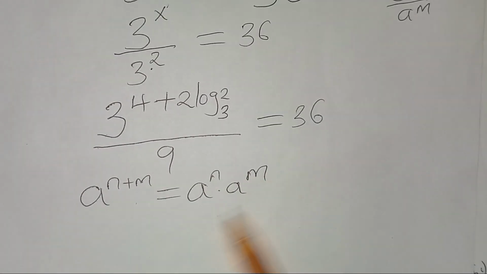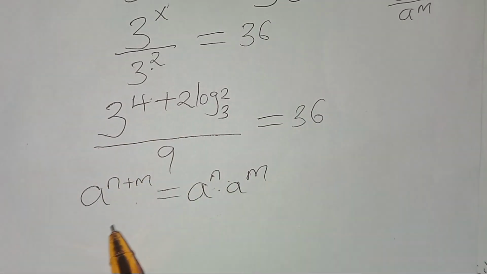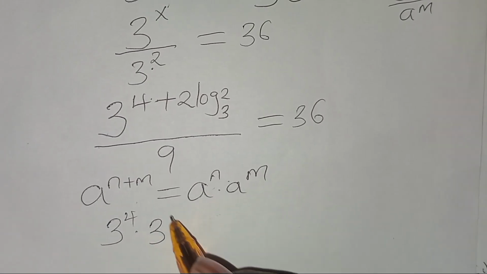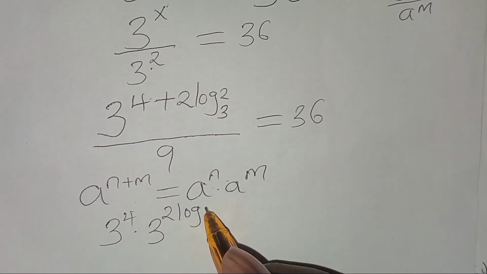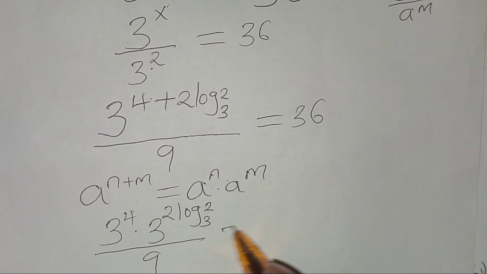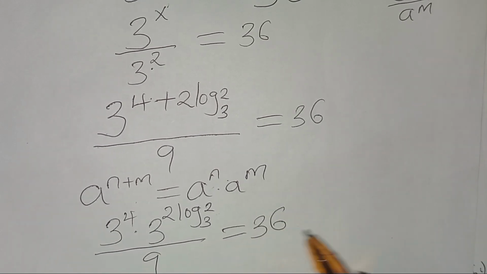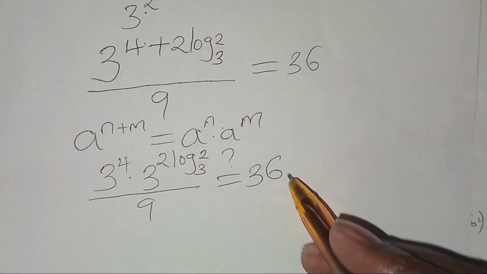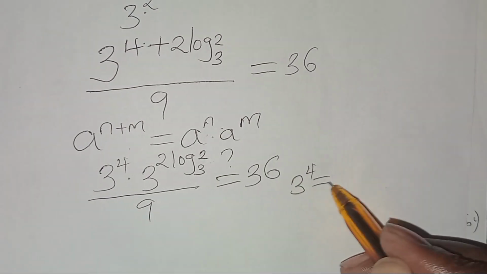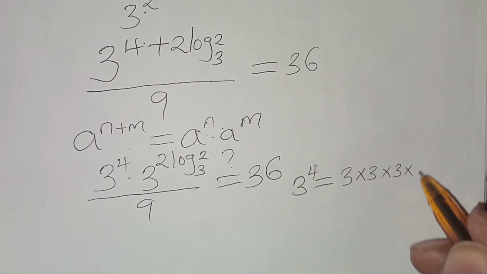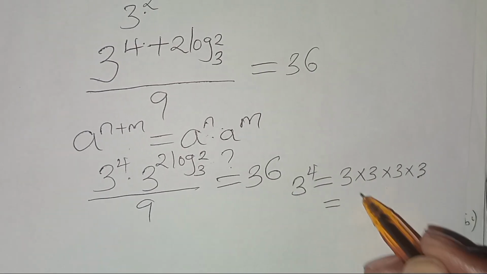Applying this exponent property, we'll have 3 to the power 4 multiplied by 3 to the power 2 log 2 to base 3, divided by 9. This should give us a total of 36. Let's check if this is true. Now, we have 3 to the power 4, which is basically equal to 3 times 3 times 3 times 3, which is equal to 81.